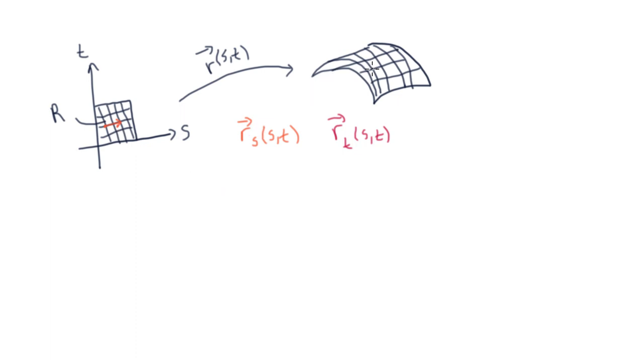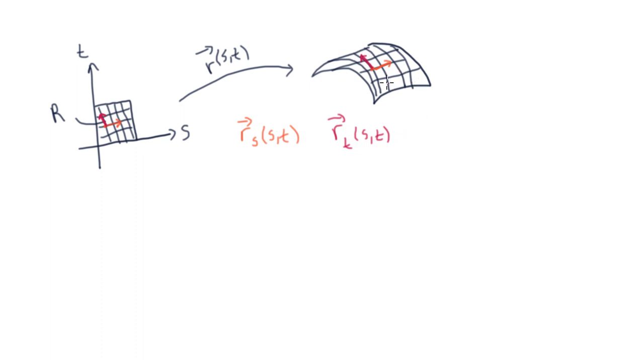So if I go up here in my surface, r sub s is going to point tangent to that trace. And then the same thing for r sub t. Looking at the partial with respect to t, I'm just fixing an s and looking in the t direction. And so my partial derivative is tangent to the curve in that direction.